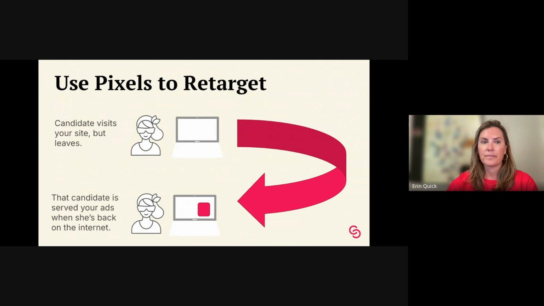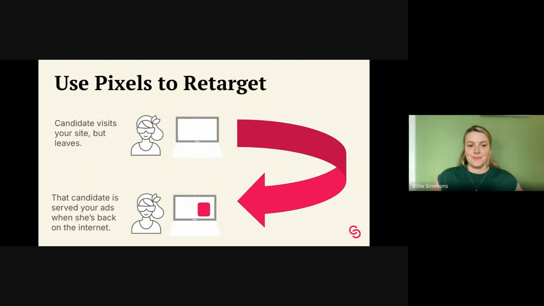Yeah. If you're not using pixels, you are missing out on a big chunk of potential audience. And what pixels do is allow you to track someone with high intent across your website, all your different pages, and all of the different touch points that they're looking at.